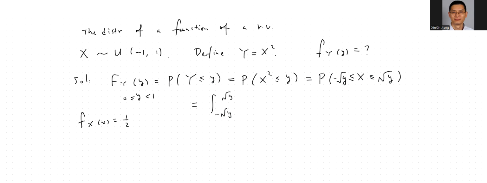In your mind, you should see a rectangle from -1 to 1, something like this. The area of this rectangle should be 1, which means the height has to be one half.